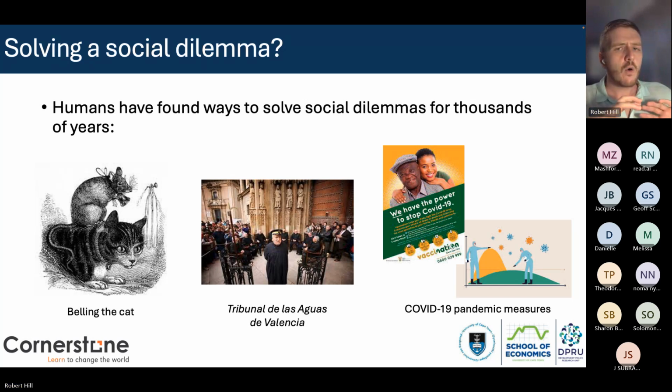All of these examples talk to us about a situation where there is a problem of some description. We've got some situation where individuals behaving in their own interests might not necessarily lead to an outcome that we want. So there's some kind of tragedy of the commons, a social dilemma, some kind of problem that we're facing.